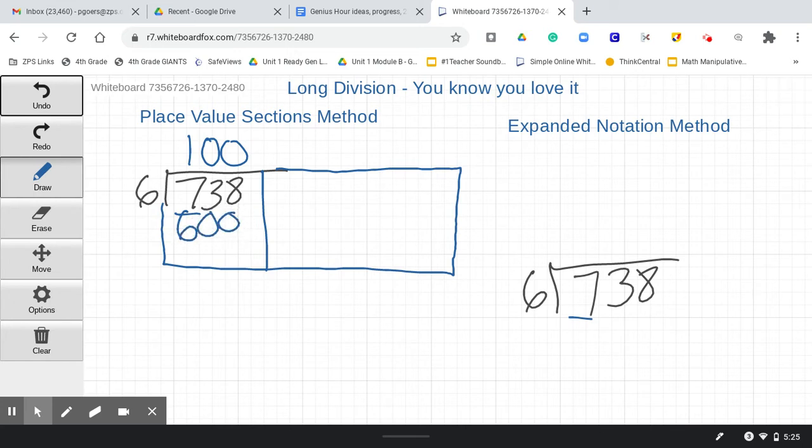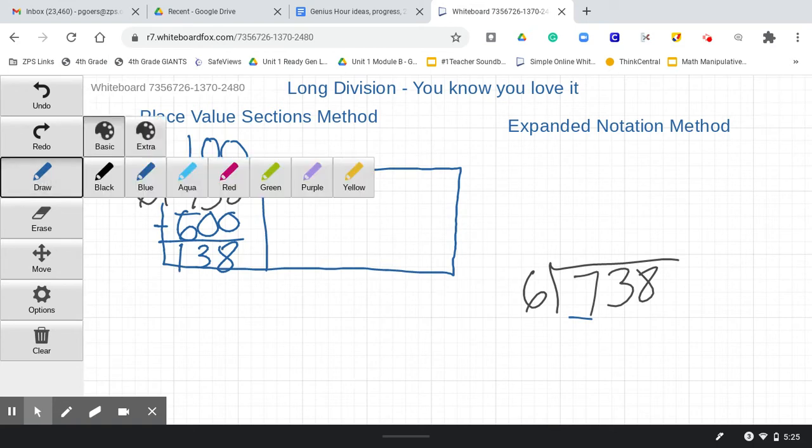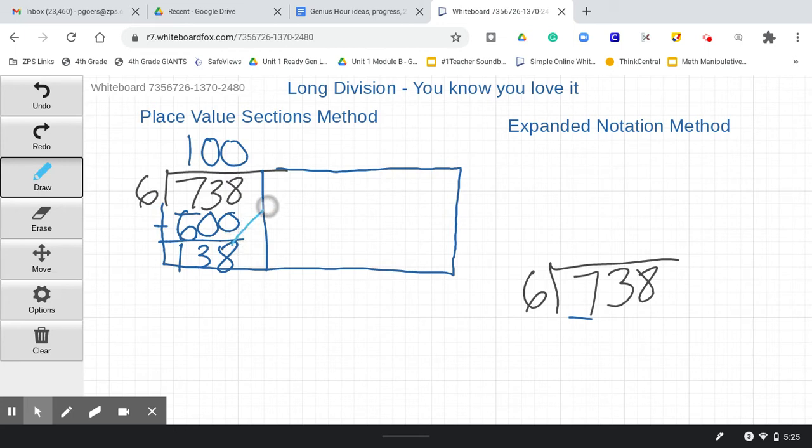I write that under there. What I want to do is figure out what's remaining, what's left over. So that takes care of 600 of these, but I still have 138 to go. My next step here would be to move these over onto the next box. So 138, that's how many more I still have to put into groups of 6.